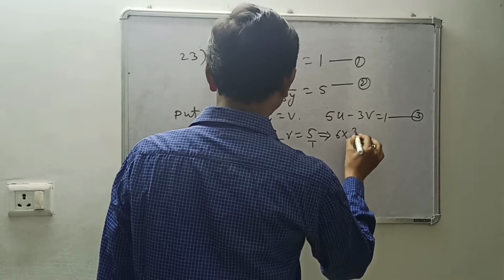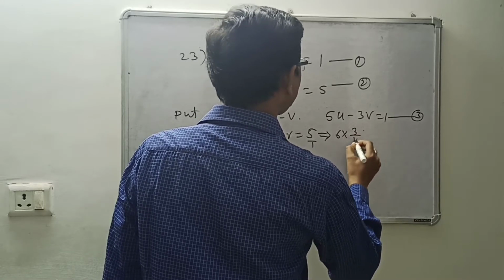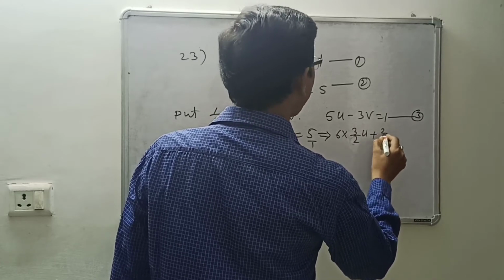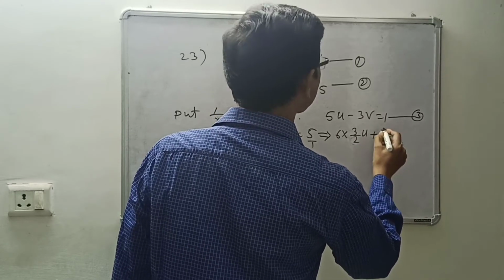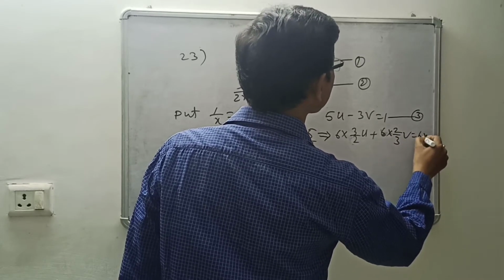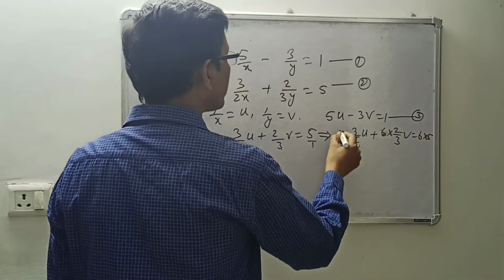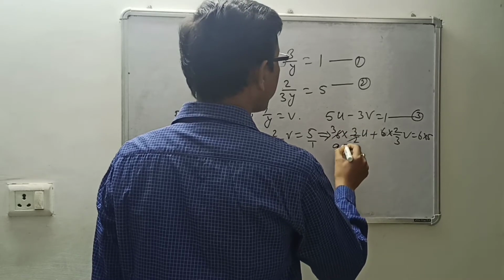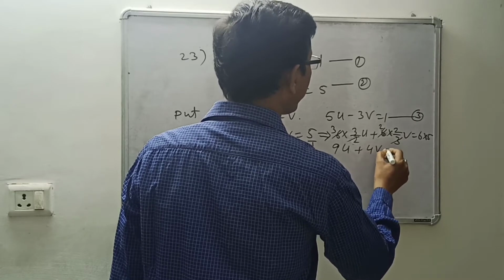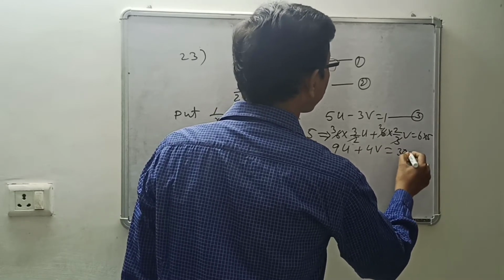Once more I am writing it. 6 into 3 by 2u plus 6 into 2 by 3v equal to 6 into 5. Ultimately, 9u plus 4v equal to 30.